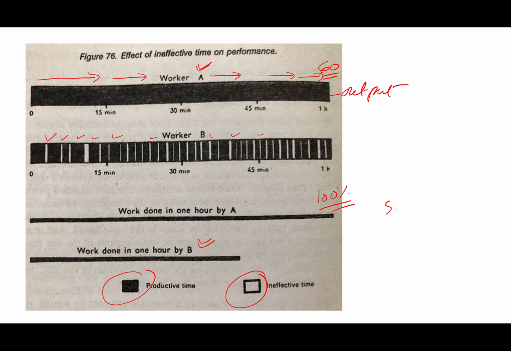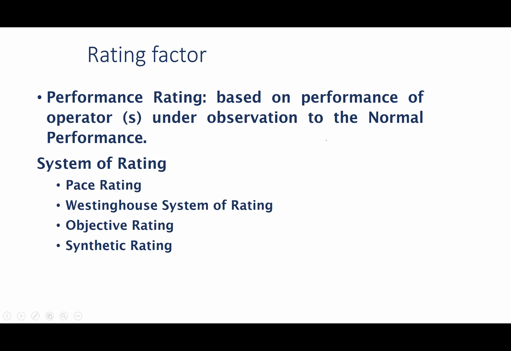On the other hand, work done by the other worker in 1 hour is less. So here we need to say the standard performance. Worker B is working slowly, his performance rating will be less, and that's why he will be taking longer time to complete the same job. On the other hand, another worker who is not wasting time and doing the job perfectly may be considered as a standard performance. Okay, so now we will talk a little bit about the performance rating and the need of the performance rating.